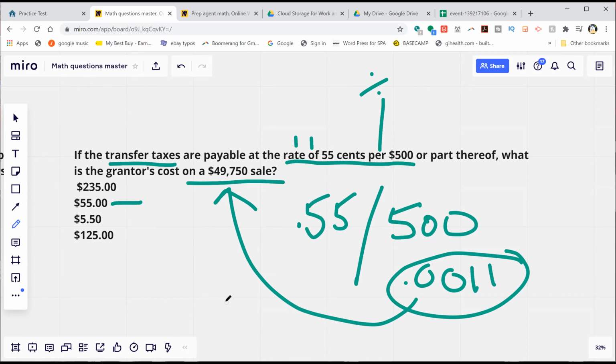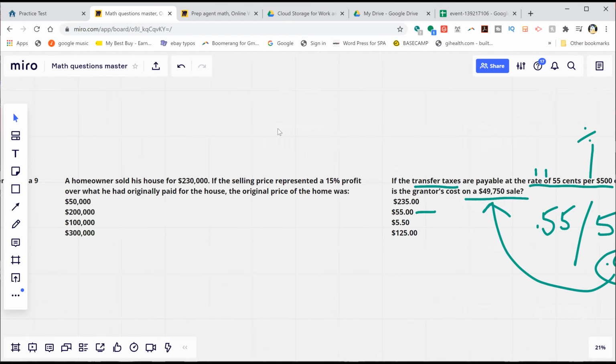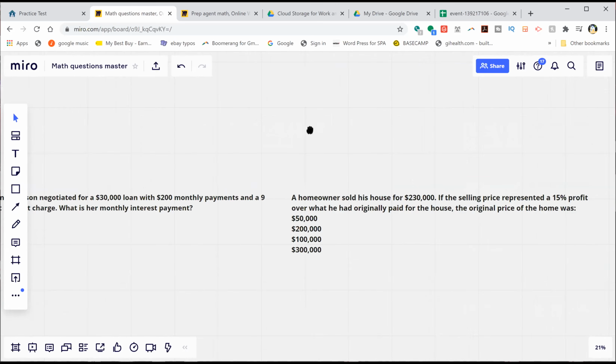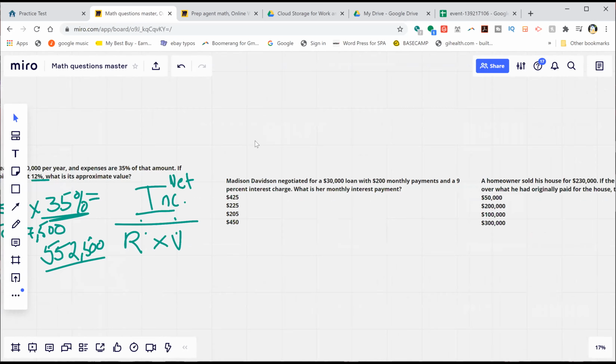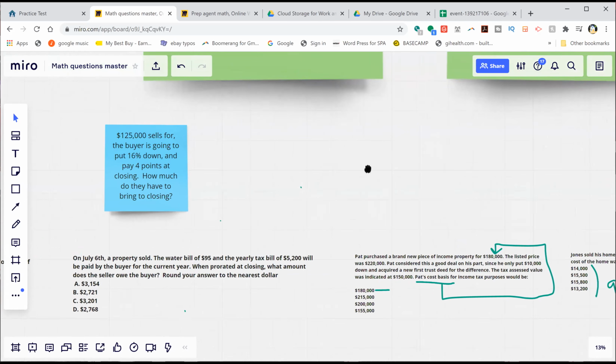Do you see how your brain's warmed up a little bit and you're getting a little better at this? Give me a smiley face if you're saying, yeah, the engine's warmed up a little bit. You see how it just makes it a little easier, okay?